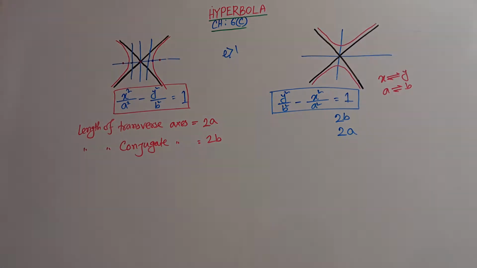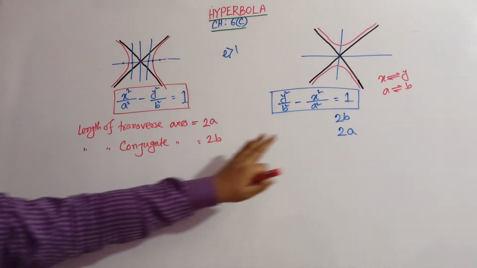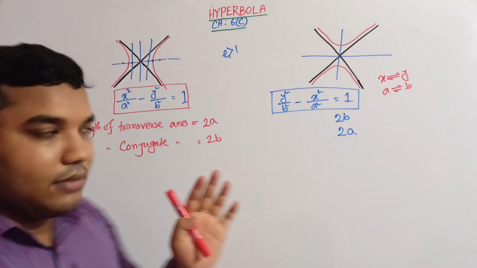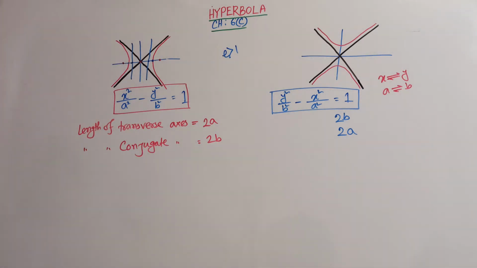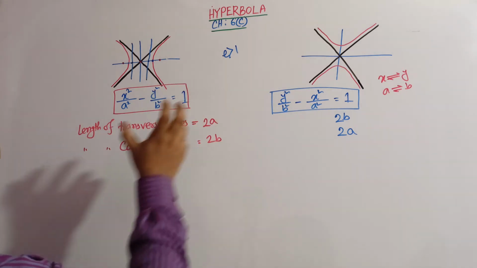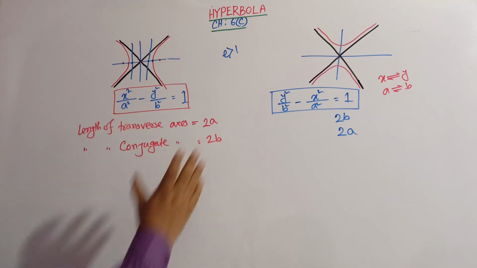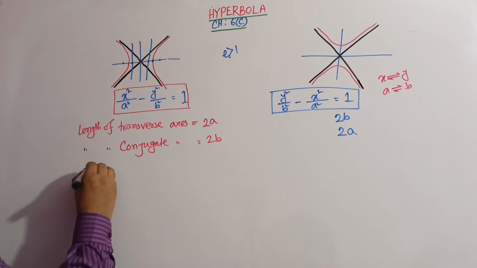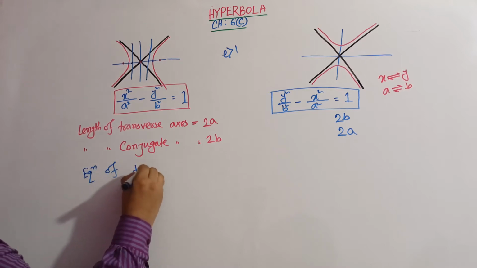So this is the transverse and conjugate axis part where we get a difference between the elliptic and hyperbolic parts. Then we go for the equation of the transverse axis and the equation of the conjugate axis. So the equation of the transverse axis.